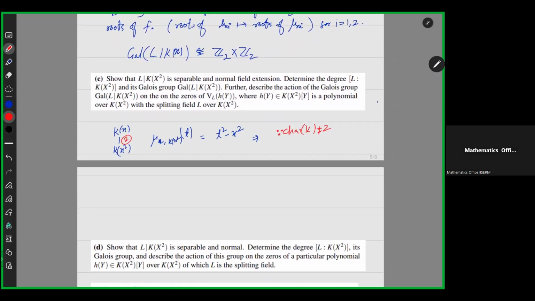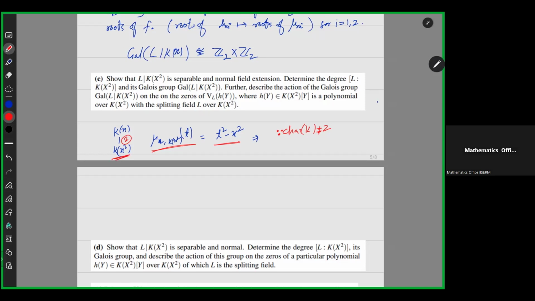Okay, this is a separable field extension because it is a splitting field of this: plus x and minus x are the roots of this polynomial mu x. Plus x and minus x are both distinct, so this is an irreducible polynomial, which is separable.